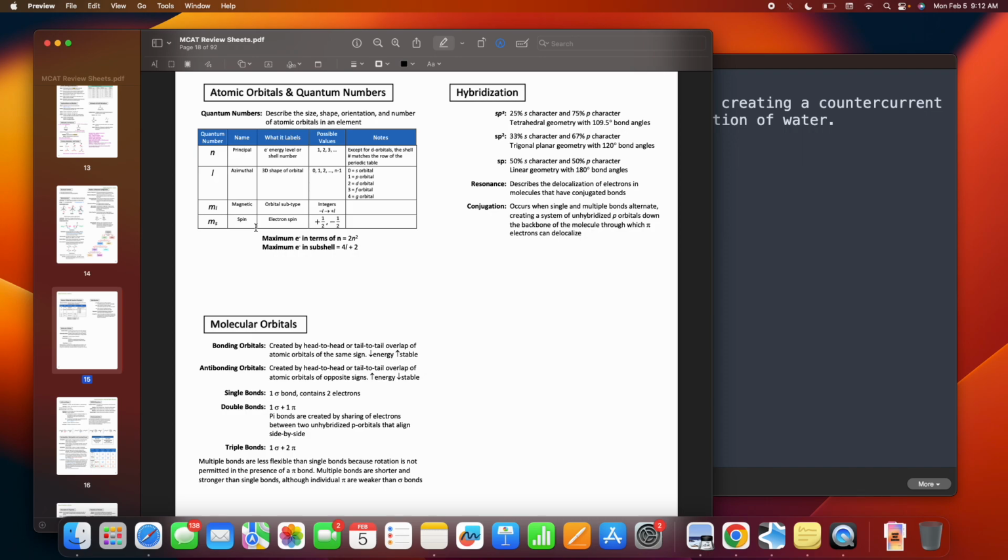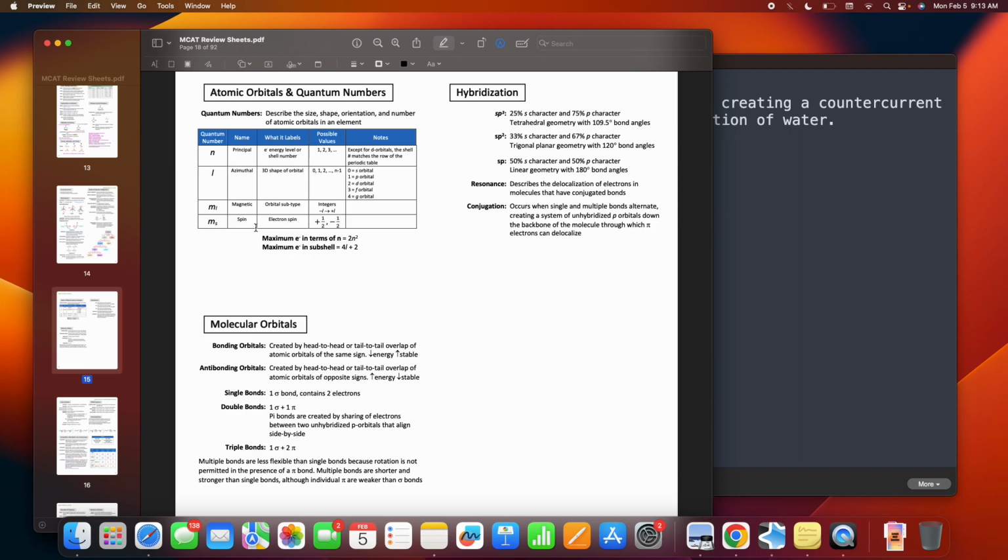Then for the magnetic number, we'll see what the 3D shape of the orbital means, right? For the magnetic number, we have the orbital subtype, which goes from minus L to plus L in integers.